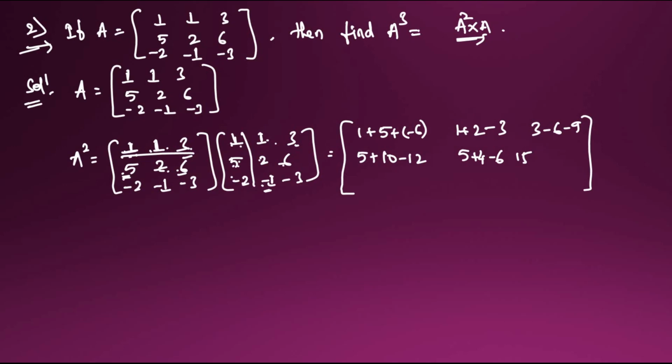So that is minus 6, or only 6, 2 into 6 is 12, so plus 12, and again 6 into 3 is minus 18, here minus 18 will come, this is 12 minus 18.